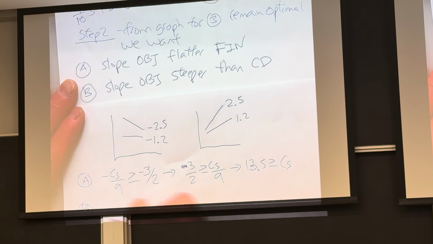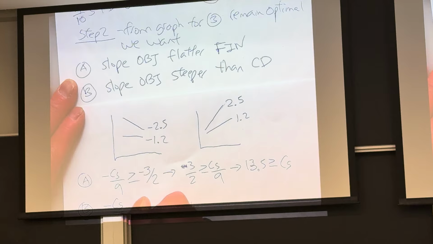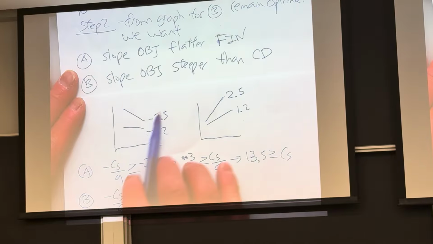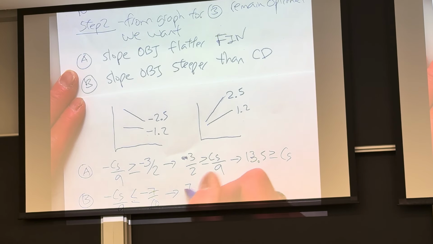Then for condition B over here, objective steeper than cut and die. Objective is this, and cut and die is minus 7 over 10. So steeper, less than or greater than? Less than, right? This is steeper than that, more negative than that. So again, put this there to get rid of the negative stuff.